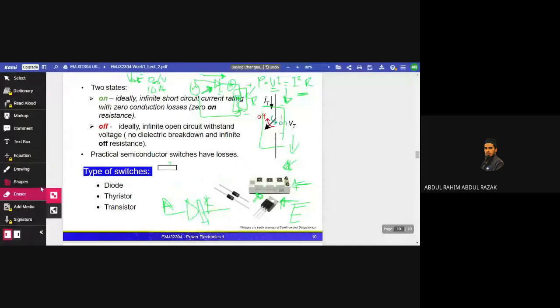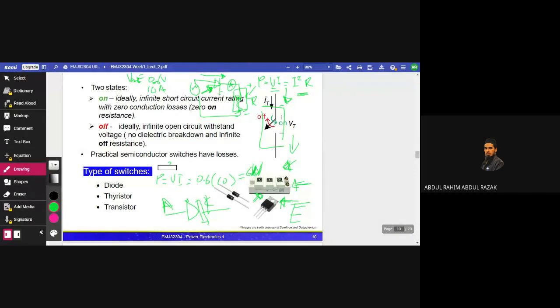We are only able to measure the voltage drop across the diode. So P equals V drop times I. V drop is 0.6, I is 10, so we have 10 watts of losses is not right, it is 6 watts at 10 ampere. If there is 100 ampere, the losses is 60 watt.